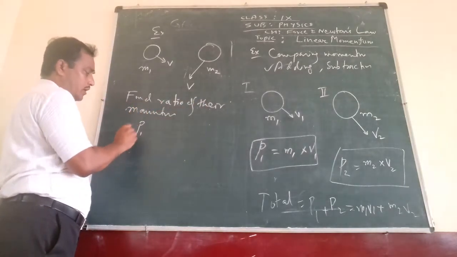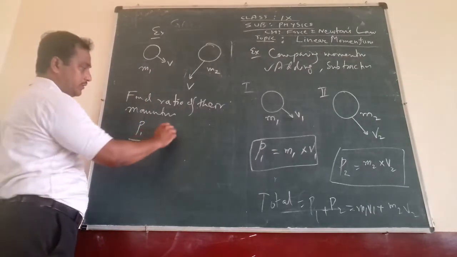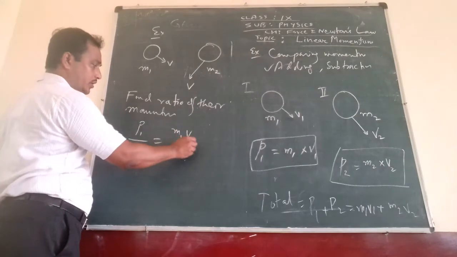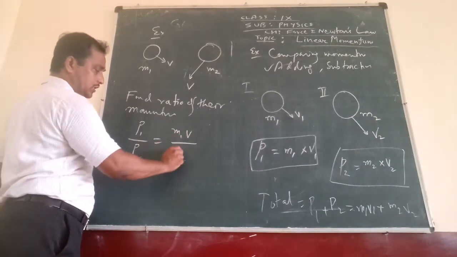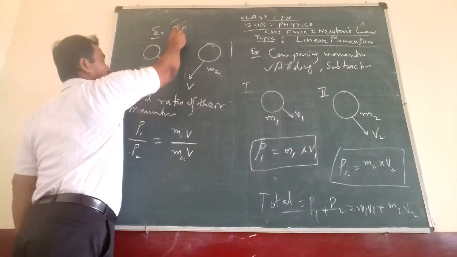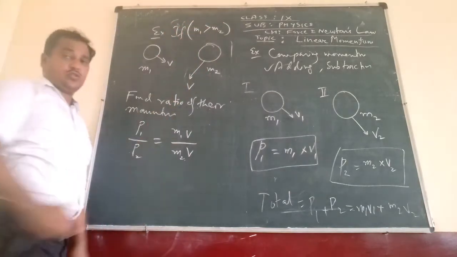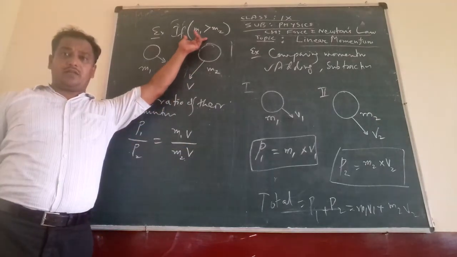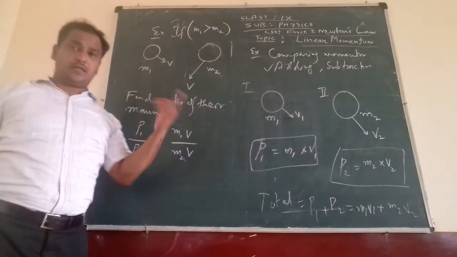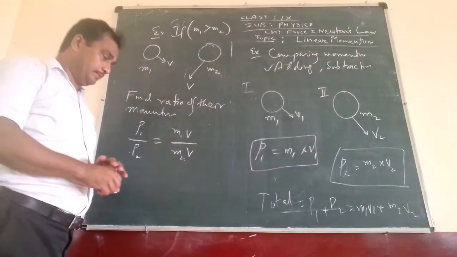So p1 upon p2 is equal to the momentum of the first object, m1 v, upon that of the second object, m2 v. If it is given that m1 is greater than m2, the mass of the first object is greater than the second object, so whose momentum will be more or less?